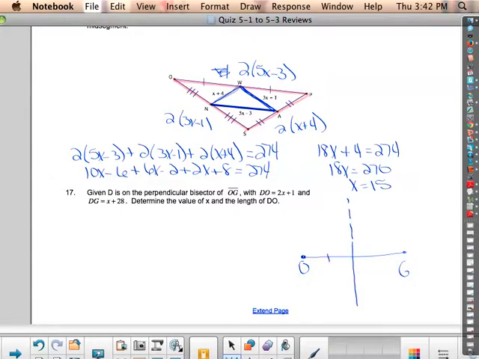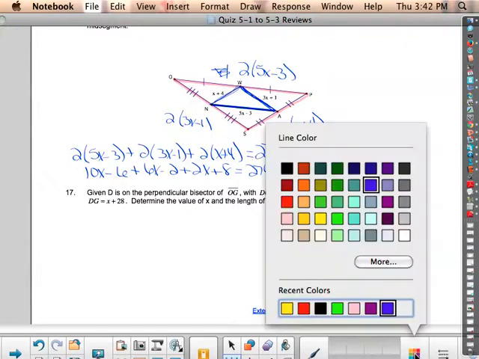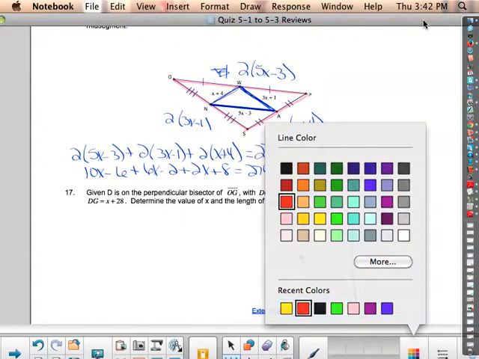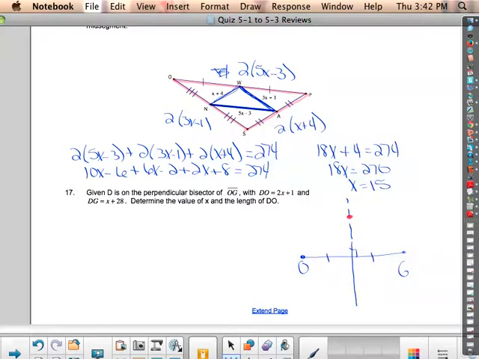So you know that the perpendicular bisector gives you congruent segments and a right angle. So if D is on the perpendicular bisector, the point D is on this perpendicular bisector. Therefore, it's equal distance from both of those endpoints.